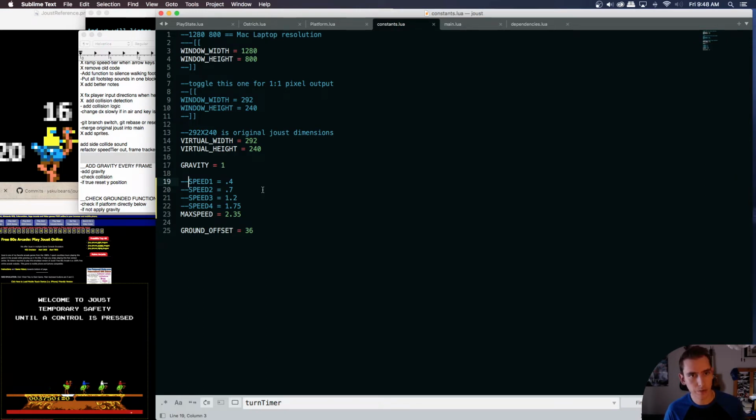And then that'll be our frame increment for our speed ramp.